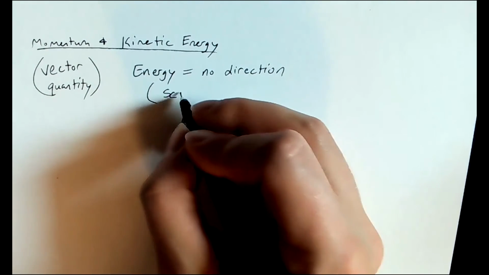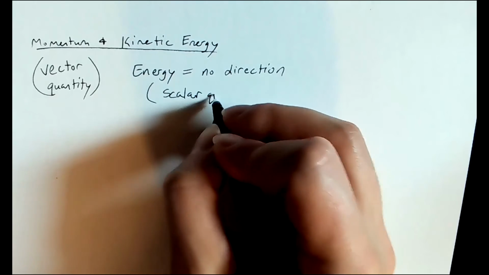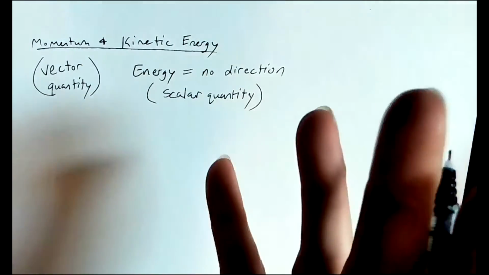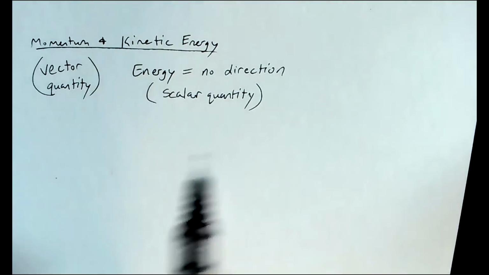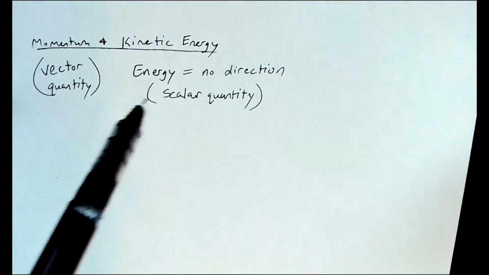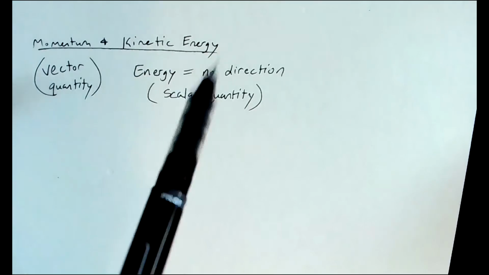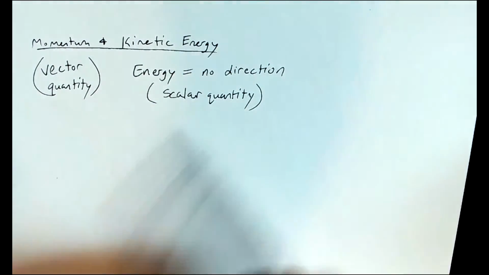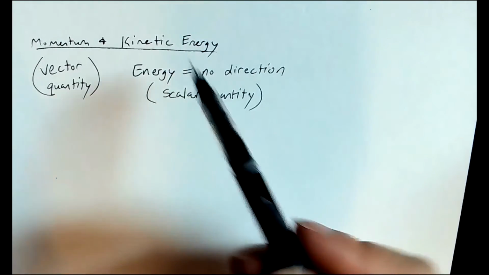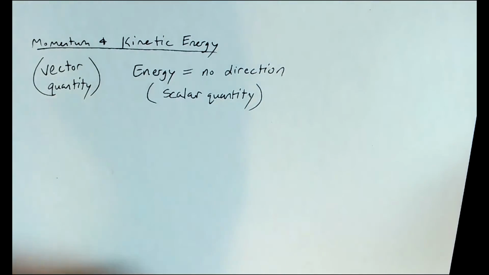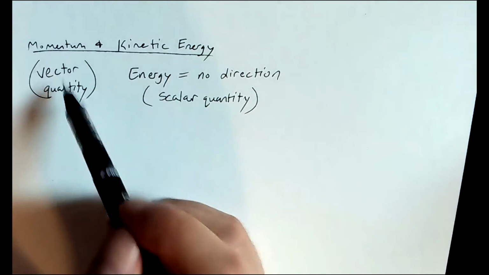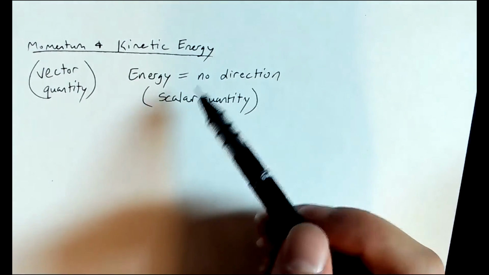So kinetic energy will actually be a scalar quantity. You don't really say energy in a certain direction. Like this amount of energy, you're just saying an object has this amount of energy at this point in time. No direction, so it is not a vector. Momentum, you're dealing with velocity, so there is a directional quality in addition to magnitude. So momentum, vector, kinetic energy, scalar.